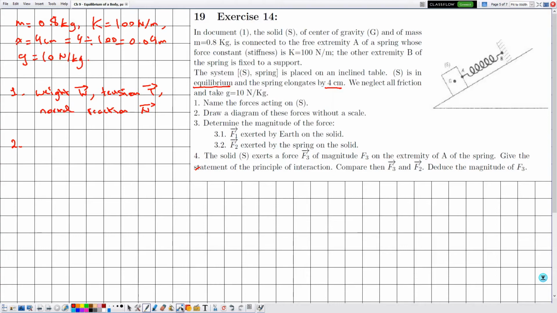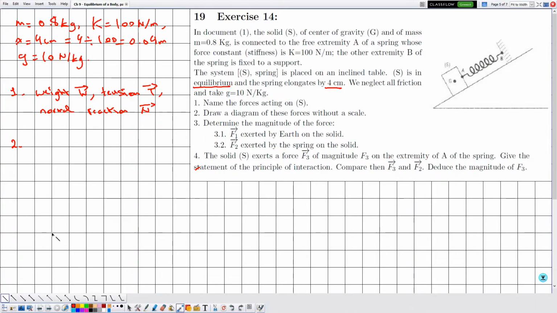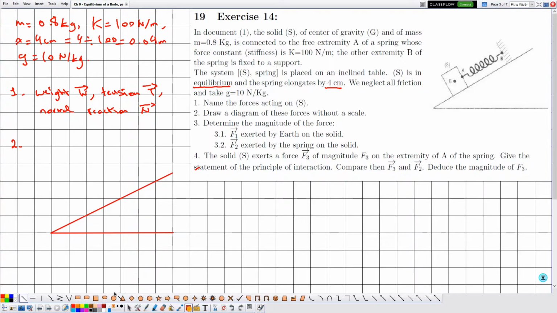So let me redraw the diagram. The spring itself on the diagram is not important. What is important for us is the inclined plane and the solid S.